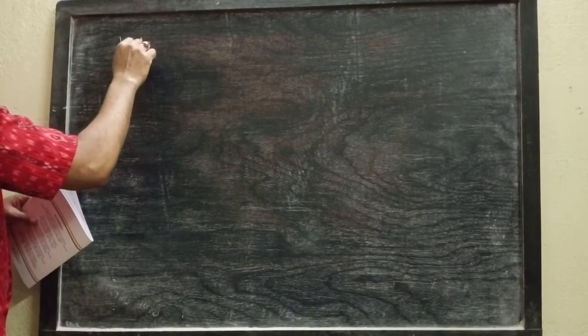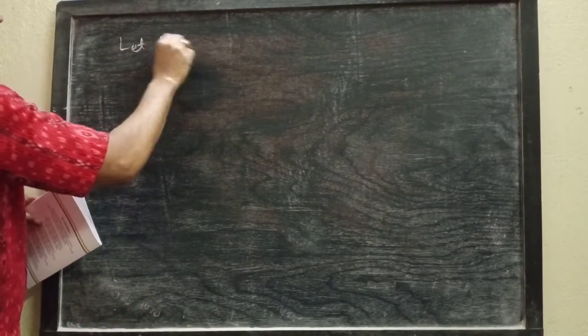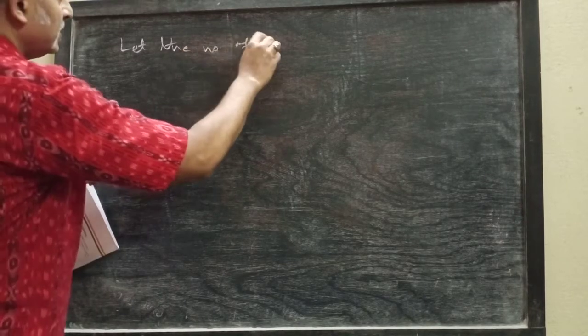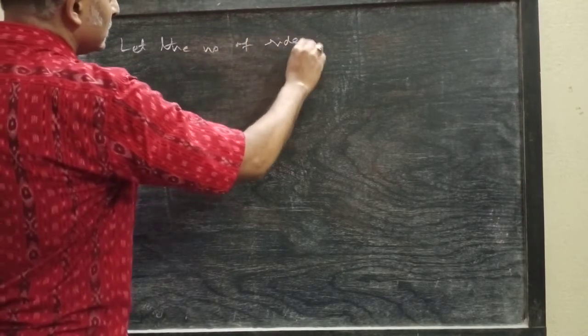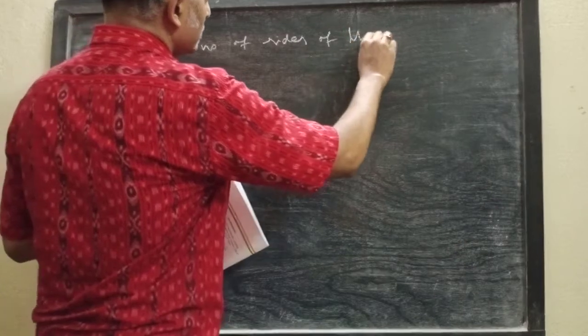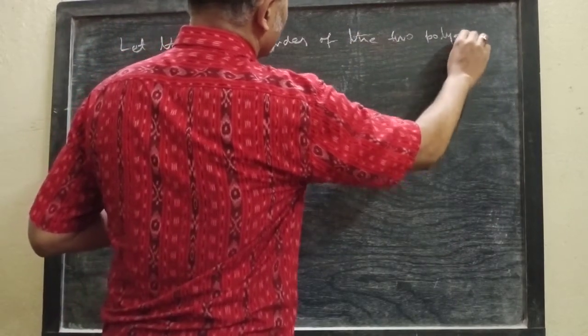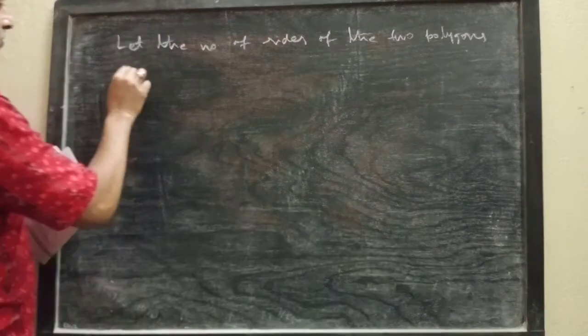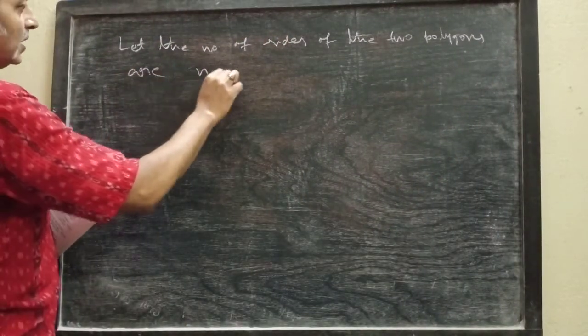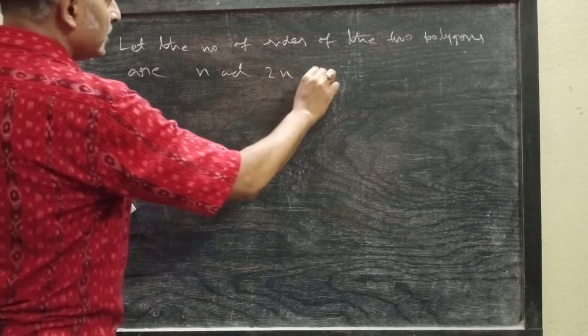So first let the number of sides of the two polygons be n and 2n respectively.